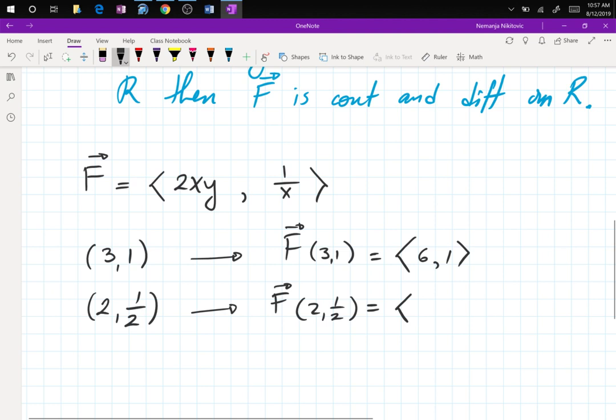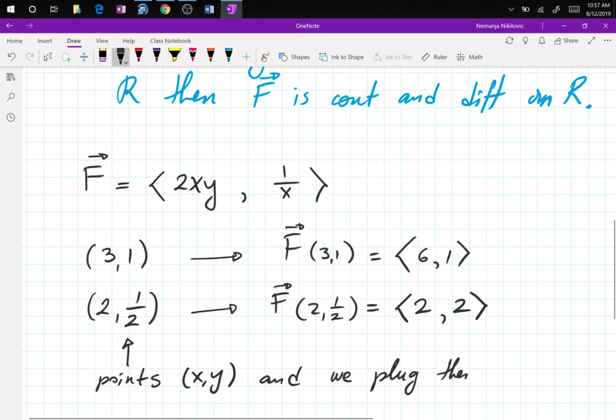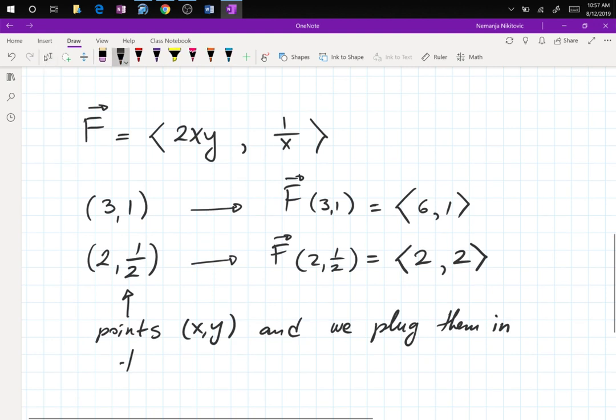When you plug in 2, 1/2, that cancels to 1 times 2 is 2, and then 1 divided by half is 2, so we will get 2, 2 as a vector. So simply, these over here are points x, y, and we plug them in to obtain a vector.